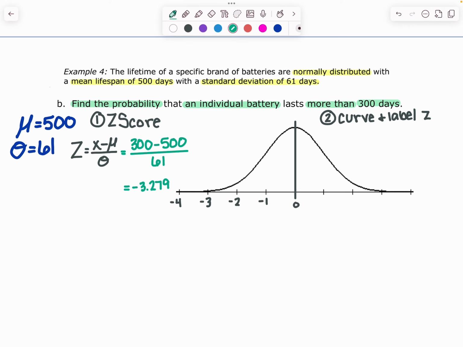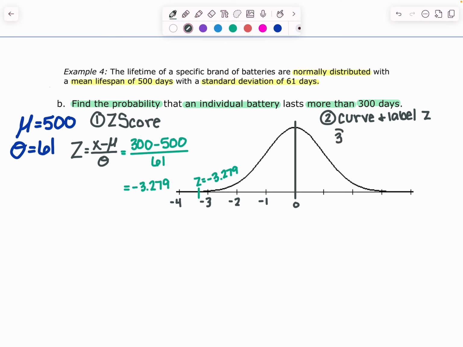And then our z-score, negative 3.279. That's pretty far out there. Between 3 and 4, a little bit closer to 3, not quite halfway.